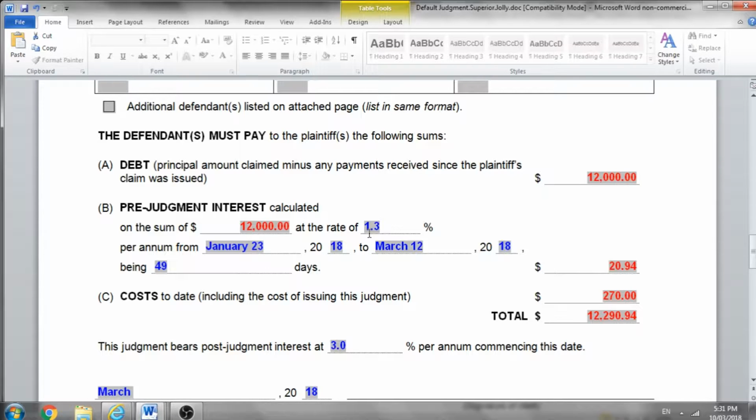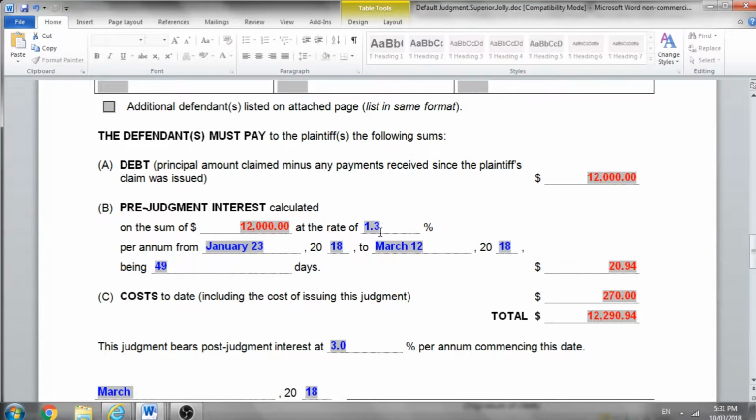So when claiming prejudgment and post-judgment interest in our default judgment, we simply state that prejudgment interest calculated on the sum of $12,000 at the rate of, now this is where we need to stop. We need to find out what is the prejudgment and post-judgment rate of interest under the Courts of Justice Act.